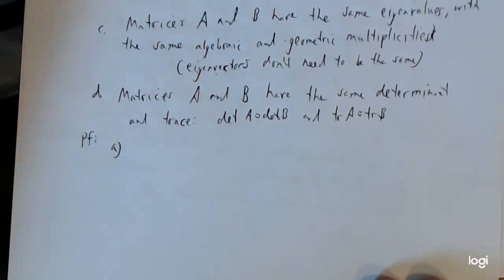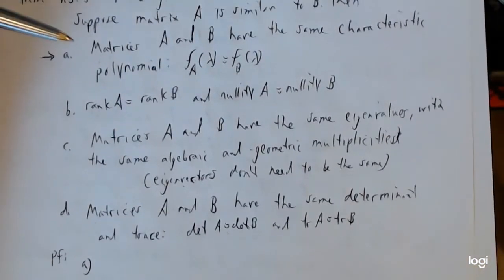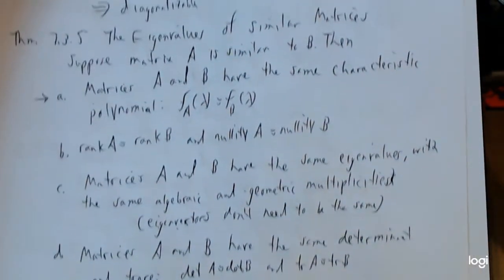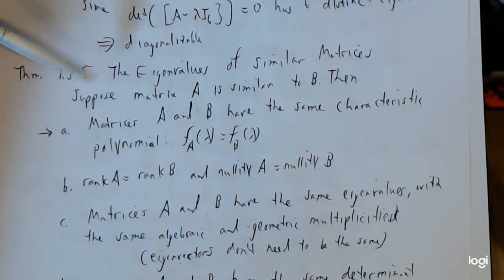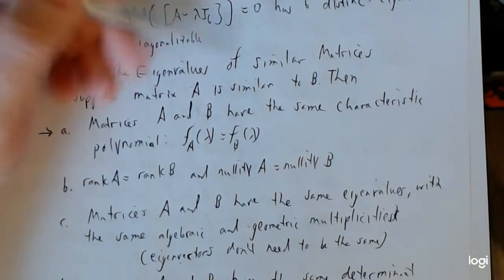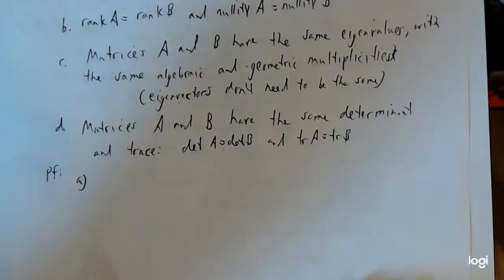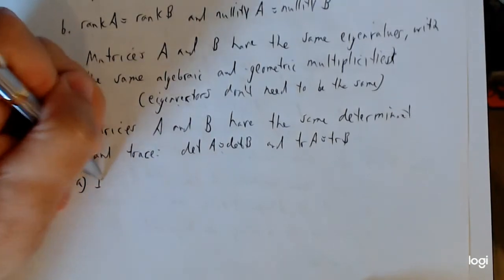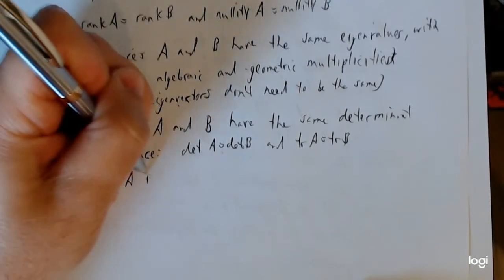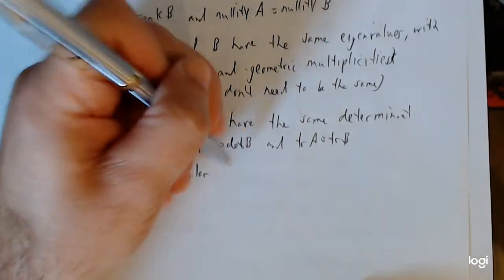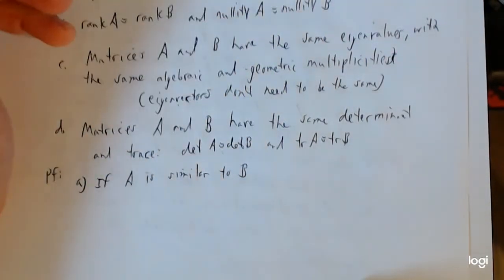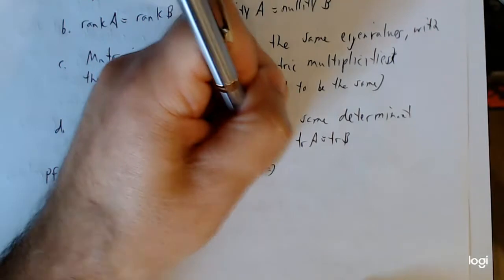So what is it that we're starting off with in part A? We know that matrix A and B are what? Or for all of these, what is our hypothesis? It's A is similar to B. So if A is similar to B, what is it that we know?